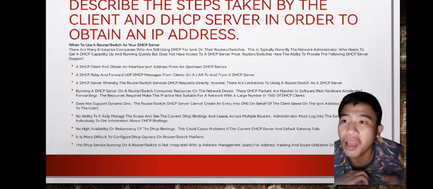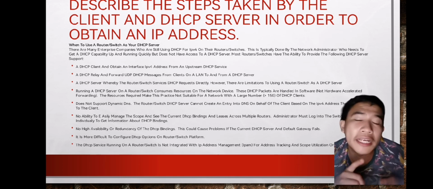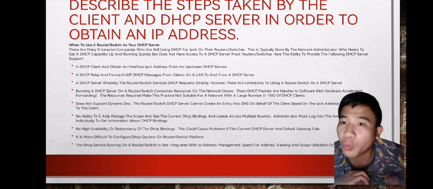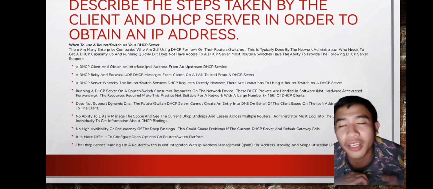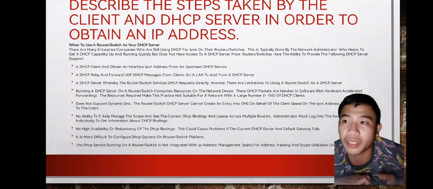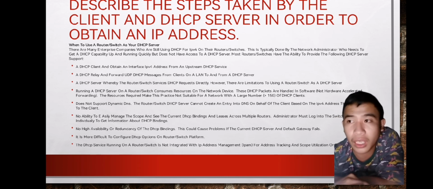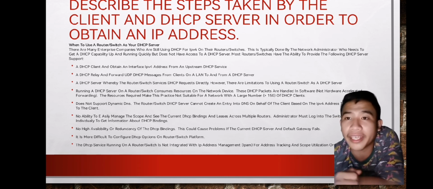However, there are limitations to using a router as a DHCP server. Fourth, it is not hardware accelerated forwarding. The resources required make this practice not suitable for a network with a large number, greater than 150, of DHCP clients.